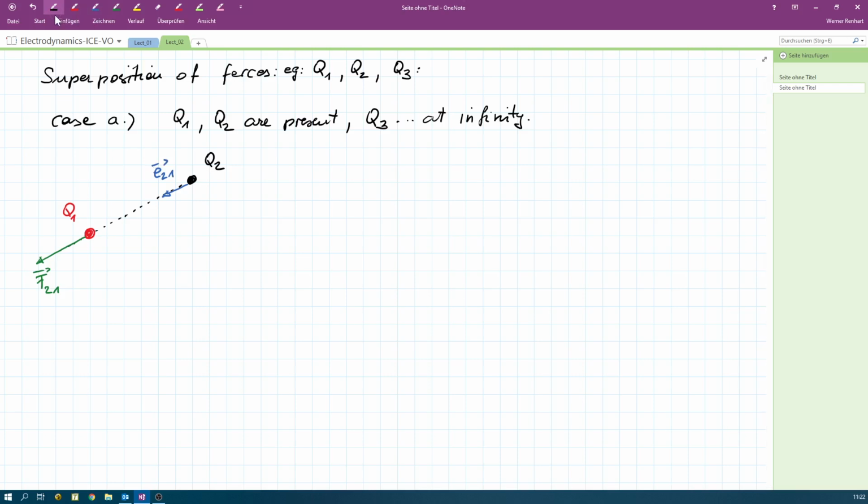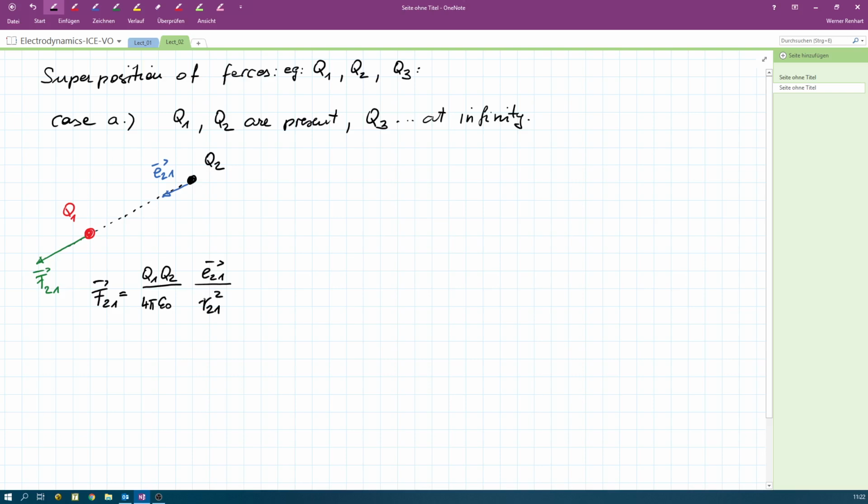The force may be described as F21 equals Q1 Q2 over 4 pi epsilon 0 times E21, the unit direction vector, over the magnitude of the vector squared.